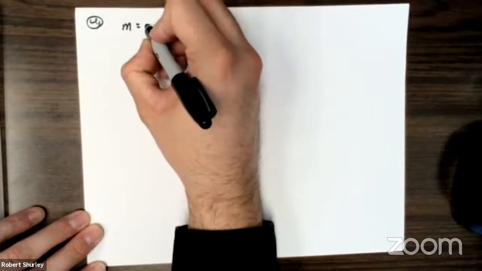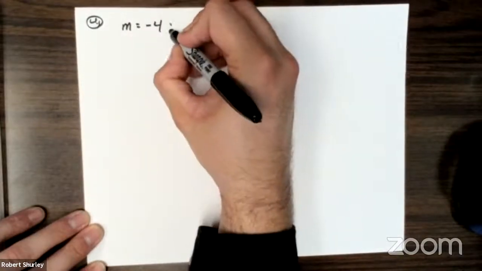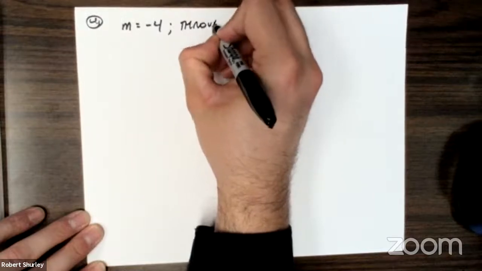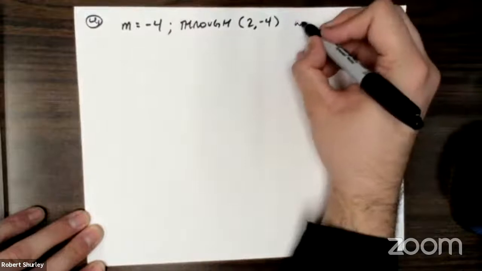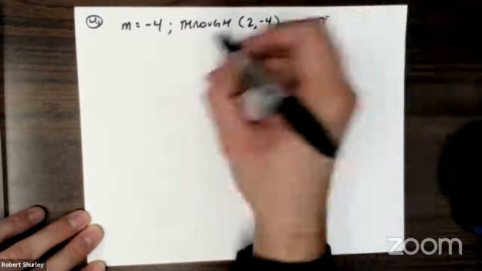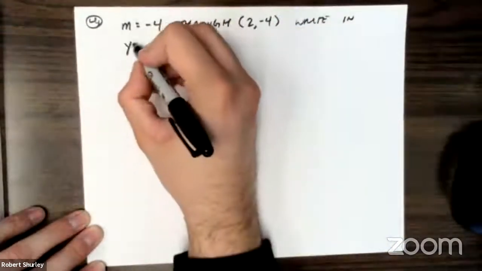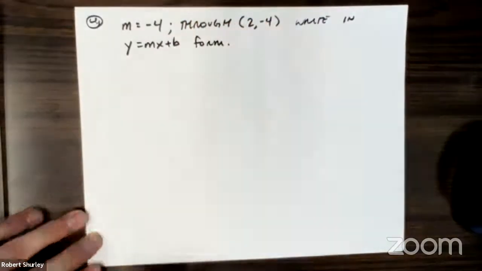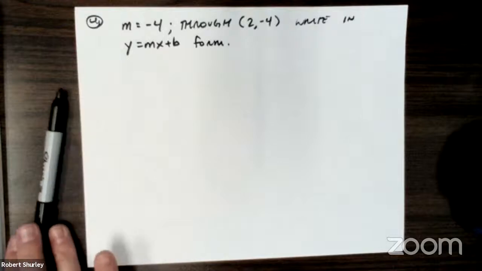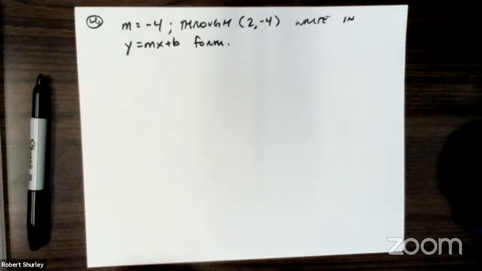So the slope is -4. It goes through 2, -4. And I want you to write in y equals mx plus b form. I'm going to give you a few minutes to do this just to see if we're on the right track, okay? And if you don't know how to do it, that's fine. Just try it.